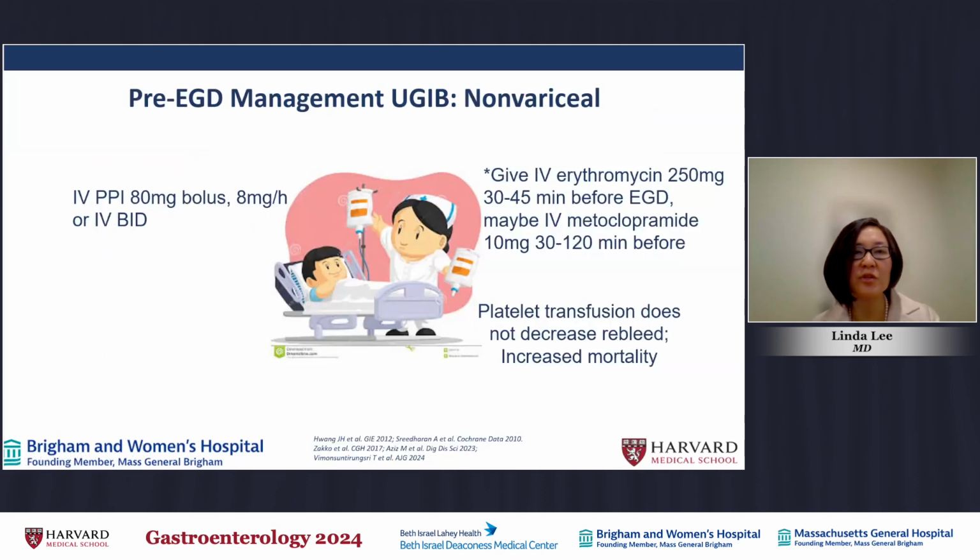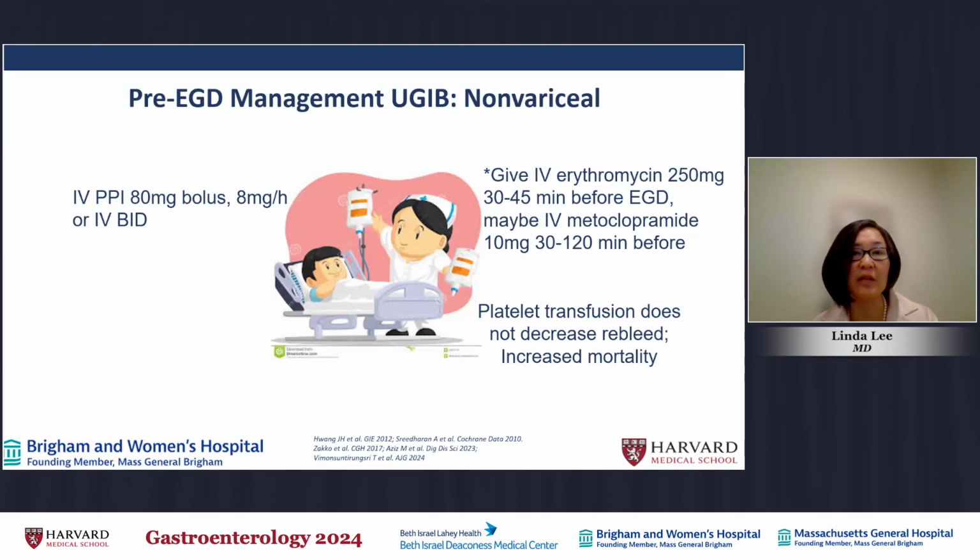Now, with respect to pre-endoscopy management, patients are usually reflexively given IV PPI, and we'll talk about this in a minute. IV erythromycin is recommended about half an hour to 45 minutes before endoscopy, and has been shown to decrease the need for a second endoscopy because you could not get a good enough look with the initial one, as well as potentially decrease length of stay.